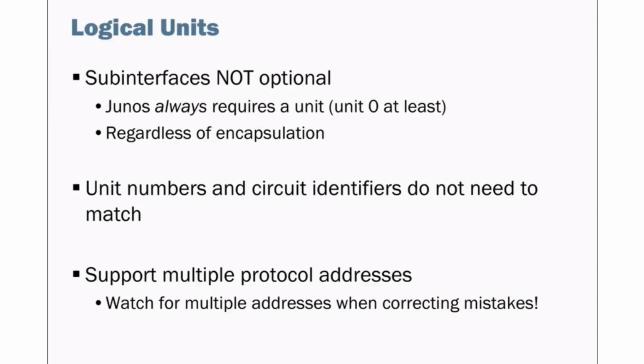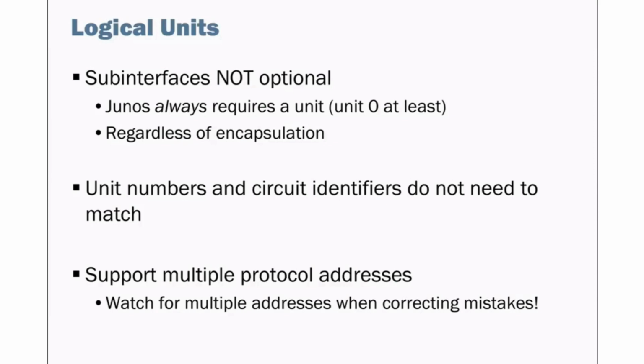Well, in that case, if the encapsulation doesn't require multiple sub-interfaces, Junos still wants you to use unit 0. Now, if we turn on the correct encapsulation, nothing stops us then creating unit 100, 200, and so forth. And for sanity's sake, we hope that you choose to align sub-interface unit number 100 with VLAN ID 100 or DLCI 100 or whatever, but they don't actually need to match.